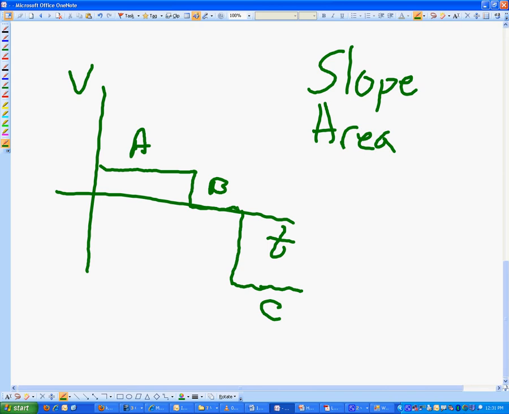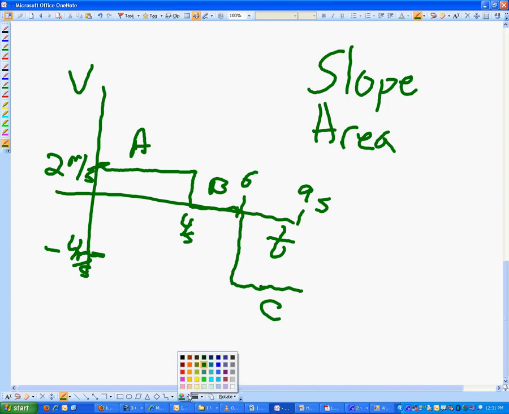We want to look at the area of this graph. Let's just make up numbers here. Let's say this is 2 meters per second, this is 4 seconds, this is 6 seconds, this is 9 seconds, and down here negative 4 meters per second, right where this C is. I want to try and find the area of those segments and see if they tell me anything interesting.